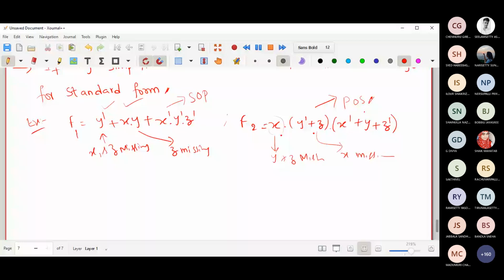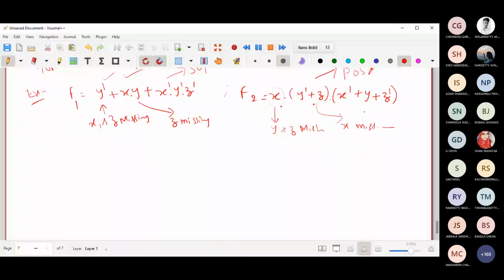Sum of products means product terms will be there, and you have to do sum. POS means sum terms will be there, and you have to do product. That's it. Clear? By seeing a Boolean function, we have to identify whether it is in canonical form or standard form. This is one very important point.